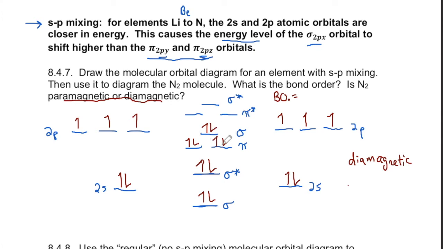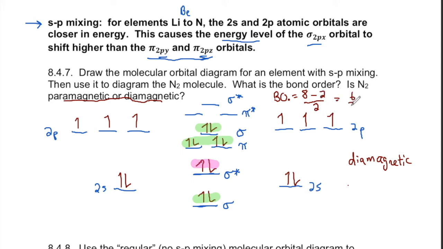Also, let's look at the bond order. I'm going to mark off the bonding electrons in green here and the anti-bonding in pink. So our bond order, we have 8 bonding electrons minus 2 anti-bonding electrons. Then we divide that by 2.